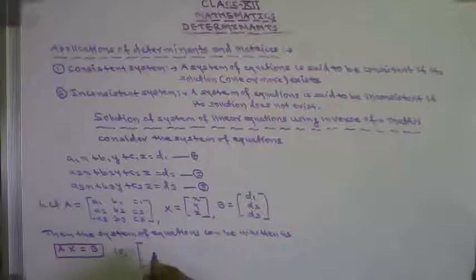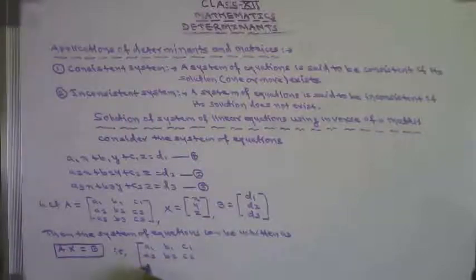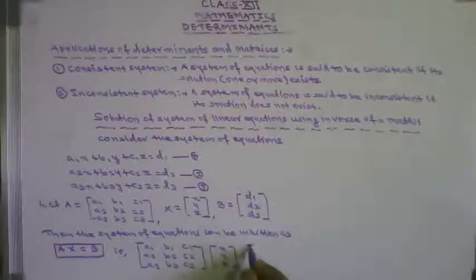A is a1, b1, c1, a2, b2, c2, a3, b3, c3, into this X means x, y, z. Okay, and this is equal to B, which means d1, d2, d3.